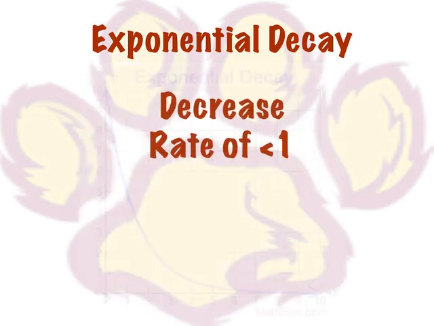For exponential decay then, instead it's decreasing on the graph, and that means you're having a rate of less than 1. The rate of less than 1 means you could have 0.88, you could have 0 point something each time.